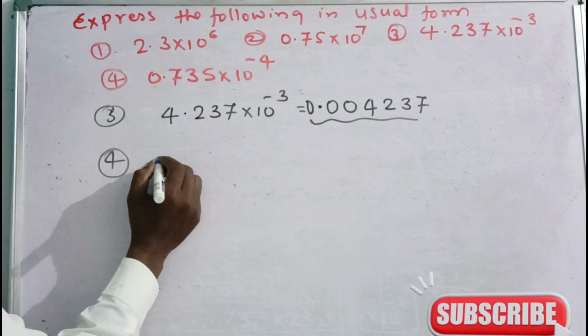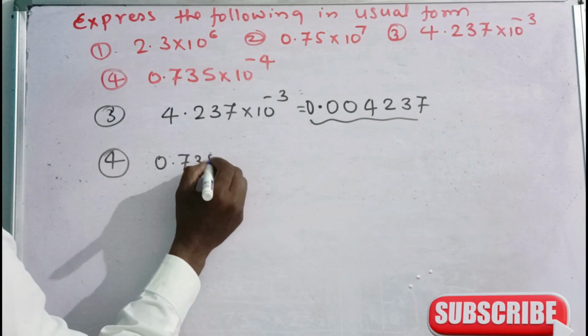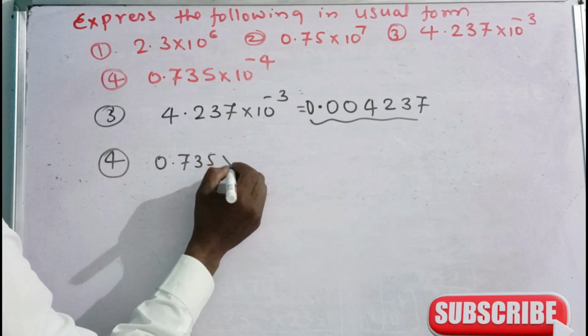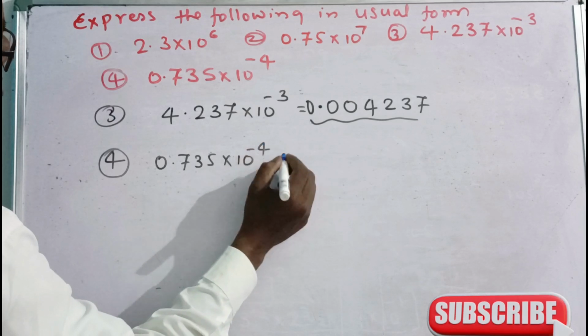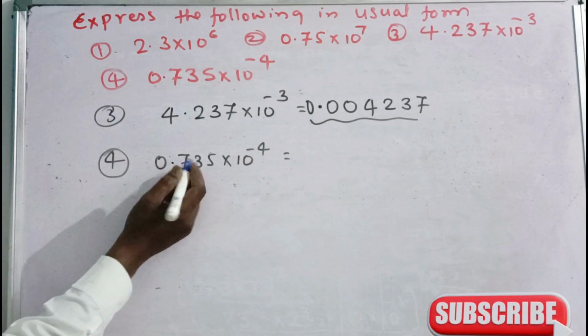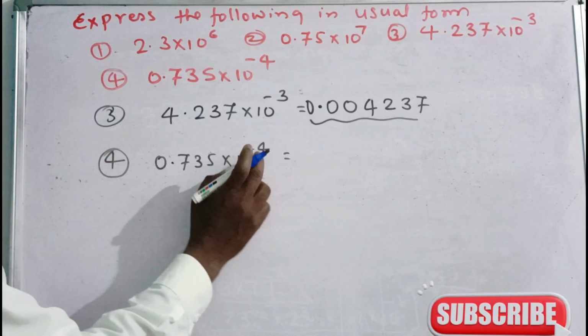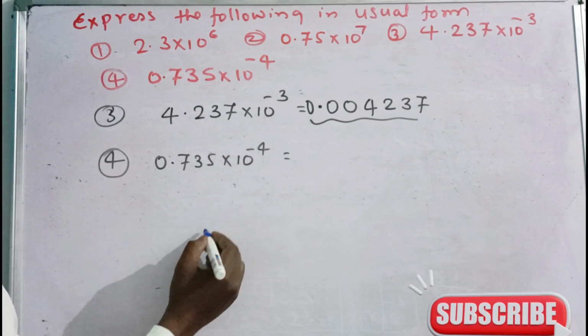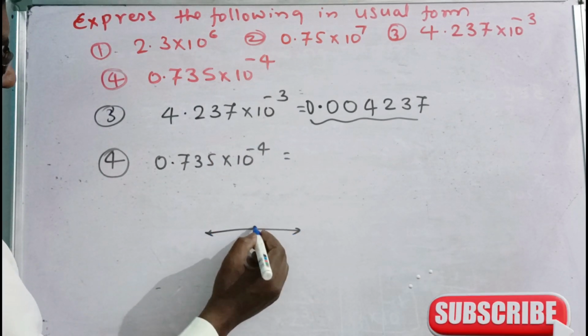Last one, 0.735 into 10 to the power minus 4. डिजिट यहाँ पर है, 4 डिजिट हमें लेफ्ट साइड, क्योंकि यहाँ पर माइनस है. माइनस का कहाँ रहता है नंबर लाइन पे? 0.